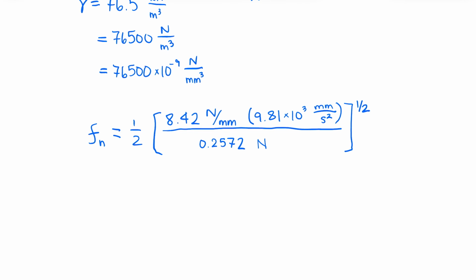So now my units are going to cancel. I'm going to have these newtons cancel with these newtons, these millimeters cancel with these millimeters, and I'm going to be left with 1/seconds squared. I'm taking the square root of that, so I'm going to be left with 1/seconds for the unit. And 1/seconds is the same thing as a hertz. So my natural frequency is 283 hertz.